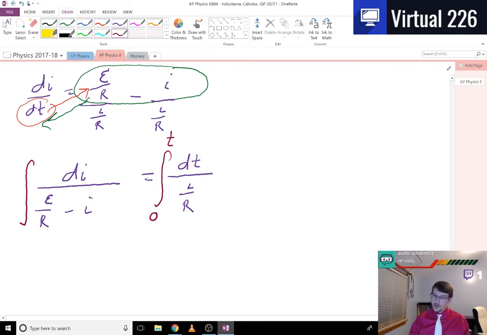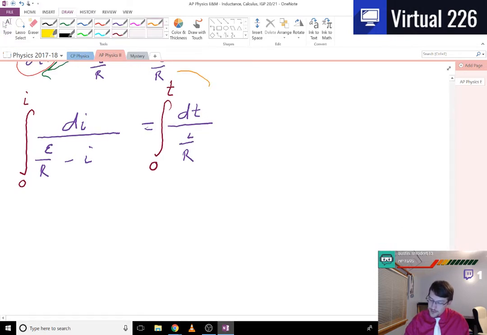For our current side of things, we're going to have something similar. At the initial time, our current is 0. It hasn't started to flow in the system yet. But at some later time, we have some current I as a function of t. Technically it is a current I of t, but we're going to save that of t to the end. Let's just save some space and just call it current I. Okay, so we're going to some later current I.